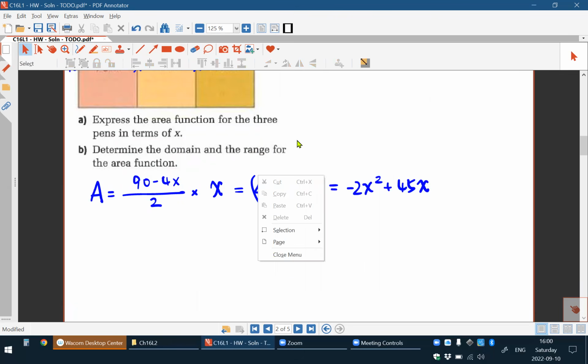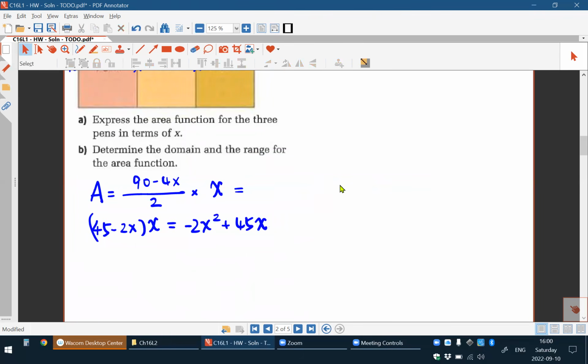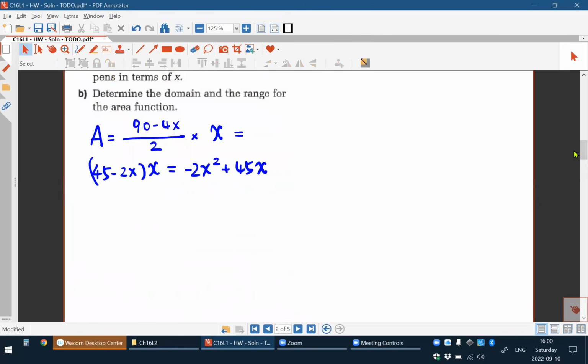Next is to determine the domain and range for the area function. Okay, so this is a real world problem, and you should consider not only the expression itself, but also the limitations from the real world, right?